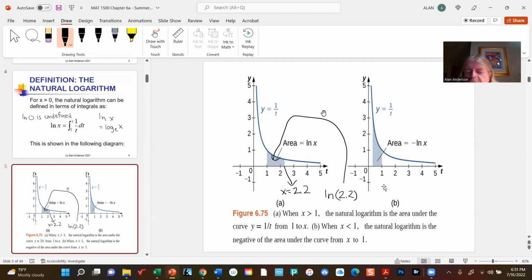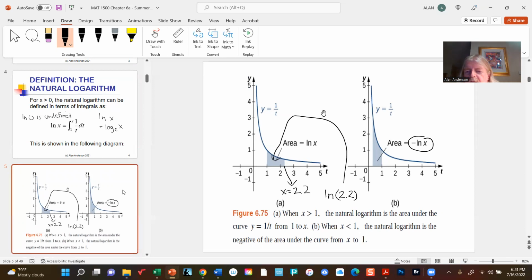Now, if x is less than 1, in other words, anything to the left of 1, then this no longer holds because the log of any number less than 1 is negative. So we have to replace this definition with negative log x.